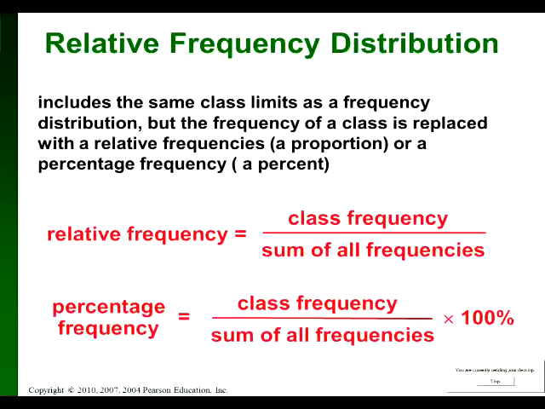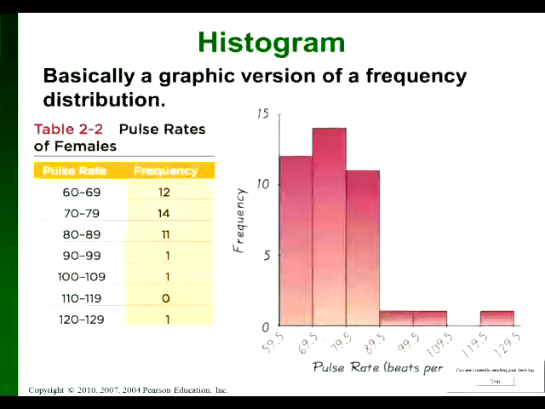Maybe instead of wanting to know just how many people had pulse rates between 60 and 69 and how many have pulse rates between 70 and 79, maybe instead of how many, we want to know what percent. What percent of people had pulse rates between 60 and 69? What percent had pulse rates between 70 and 79?